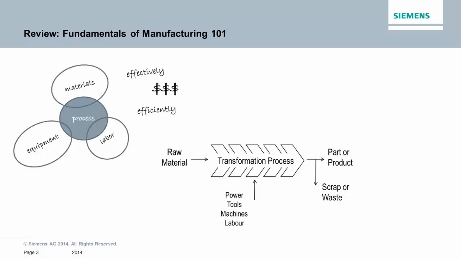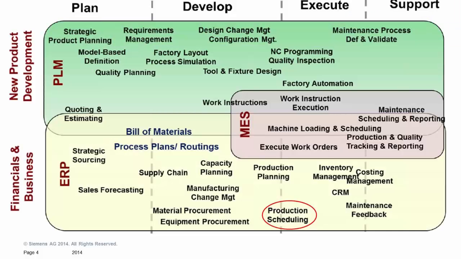And quite often you've got a byproduct of scrap or waste. Production scheduling has the same inputs to be concerned with: materials, equipment, and labor. Those are typically constraints to the process. And what we're going to look at is planning our process.